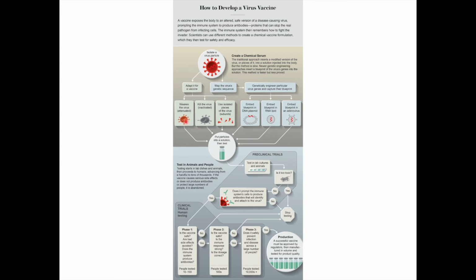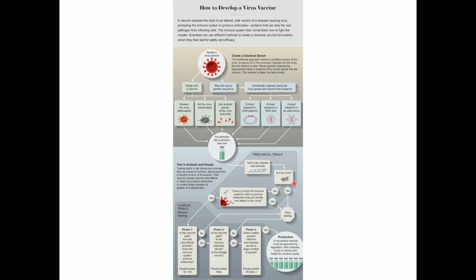Now, these samples that came from the isolated virus, these particles will be put in a solution, and then it will be tested first on rats or on the subject. So they have to be tested first in animals.